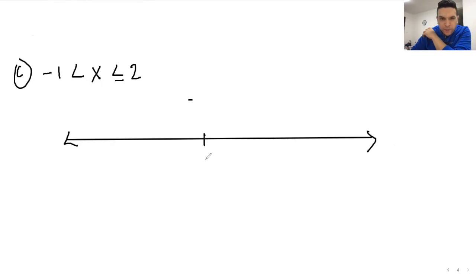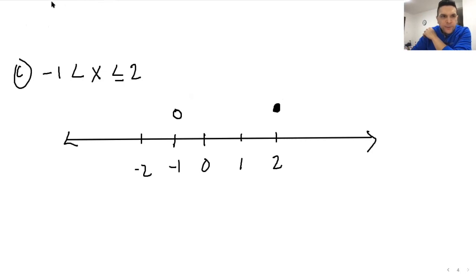So let's find our values. 0, -1, -2, 1, 2, and it says x is greater than -1, so it's not included, right? Let me erase this because I don't want to confuse you. And then less than or equal to 2, so 2 is included, right?